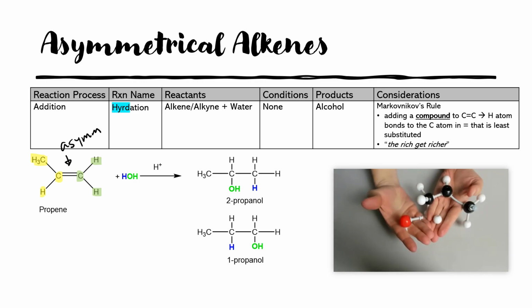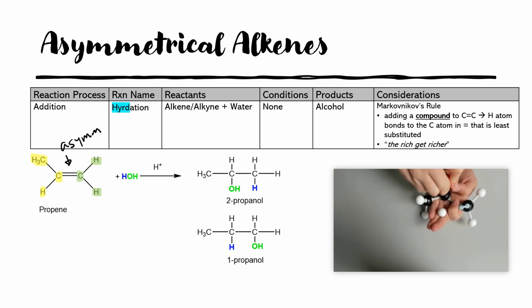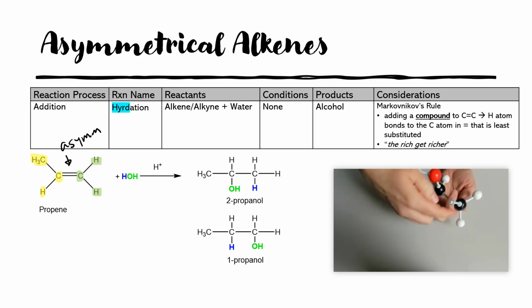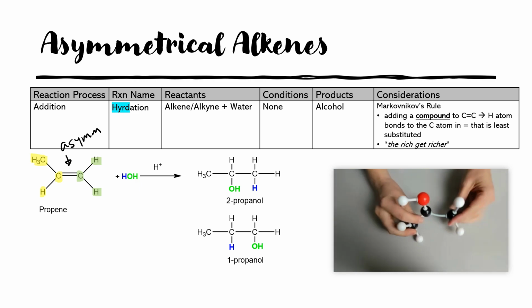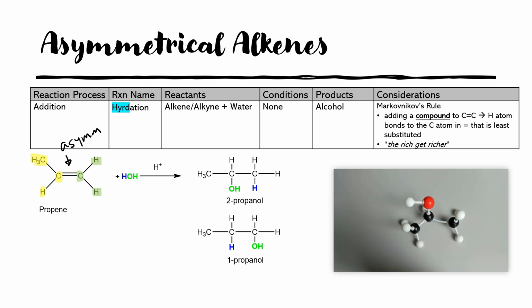What we know from Markovnikov's rule is that the more electronegative group, the hydroxyl, is going to go to the more substituted carbon, carbon number 2 of this propene, allowing the hydrogen to go to the carbon that is already rich in hydrogens, and it just becomes richer. So on paper, we could see that two potential alcohols can form, but only one of them does, due to Markovnikov's rule.